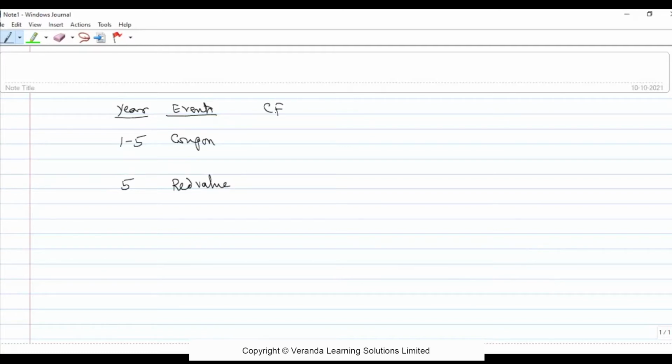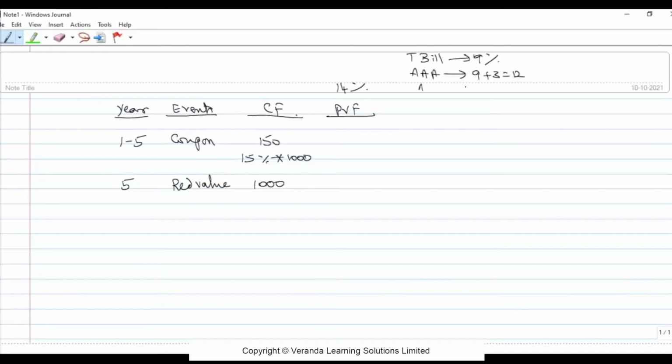The cash flows are 150, 15% on 1000. Unless otherwise stated, face value is the redemption value. The PV factor should be 14%. How come it is 14%? T-bill is 9%, then plus 3 is 12, and AA is 12 plus 2, 14%.